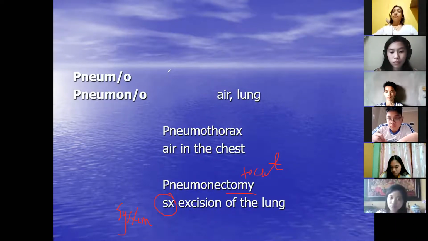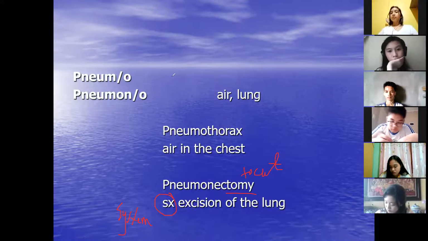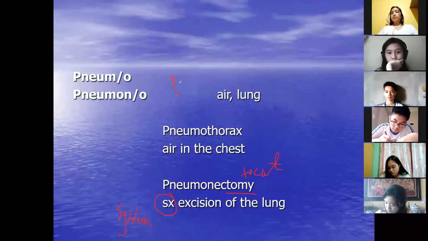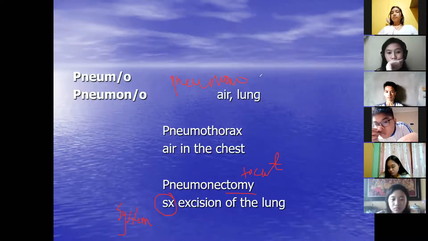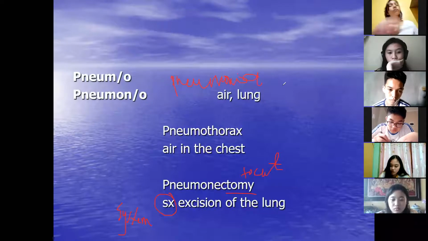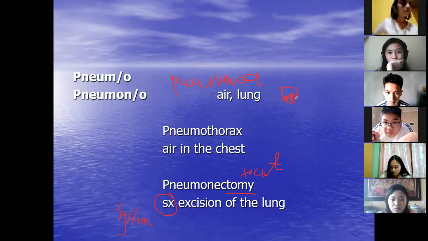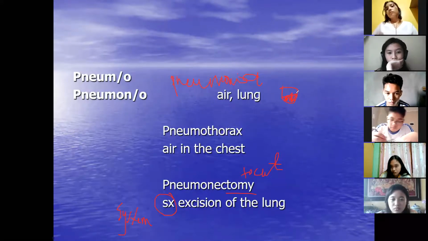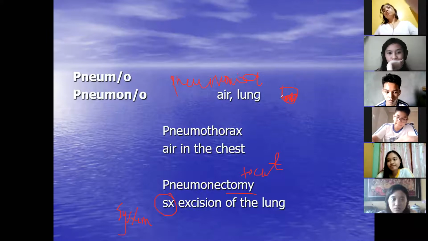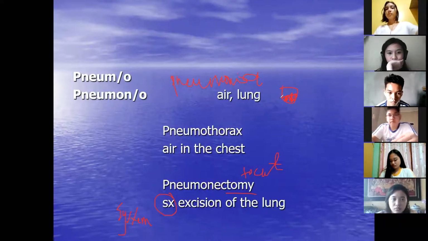A while ago, we also have the common disease of the lungs, which is called pneumonia. Are you familiar with pneumonia? The illustration there shows a blue thing in the alveolus. Pneumonia means fluid-filled alveolus. Please be reminded, it's only air that is allowed in your respiratory tract.